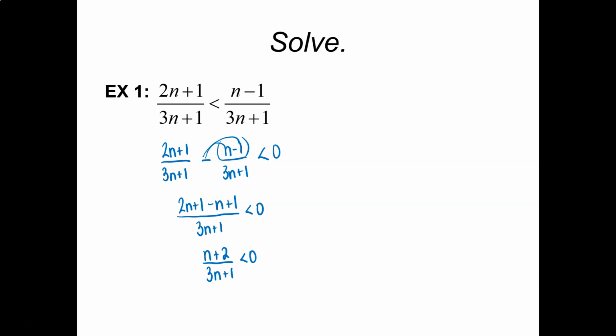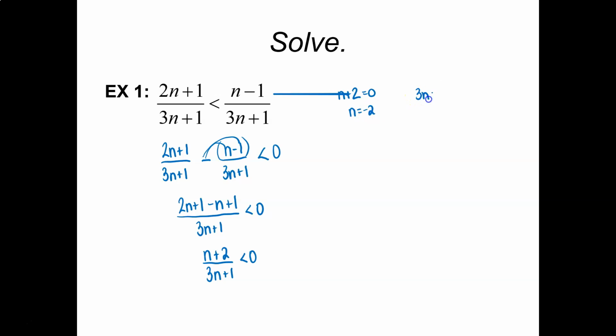Okay. Questions so far? All right, that's the new part. From here, it's just like what we were doing on Monday. So we'll take each one of these. N plus 2 is going to equal 0, which means we'll get negative 2.